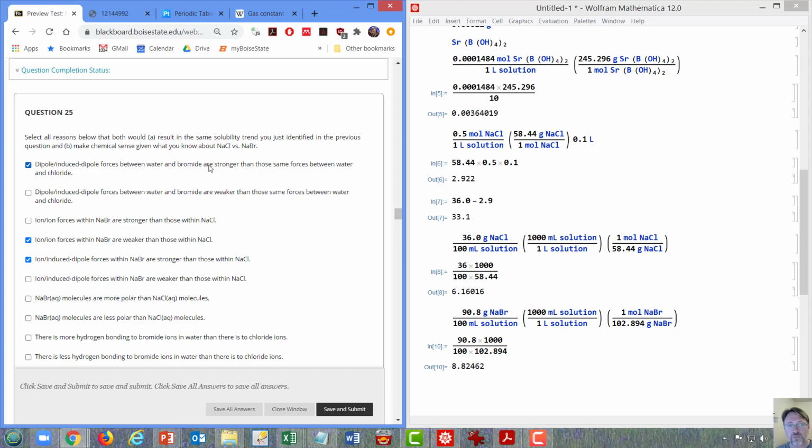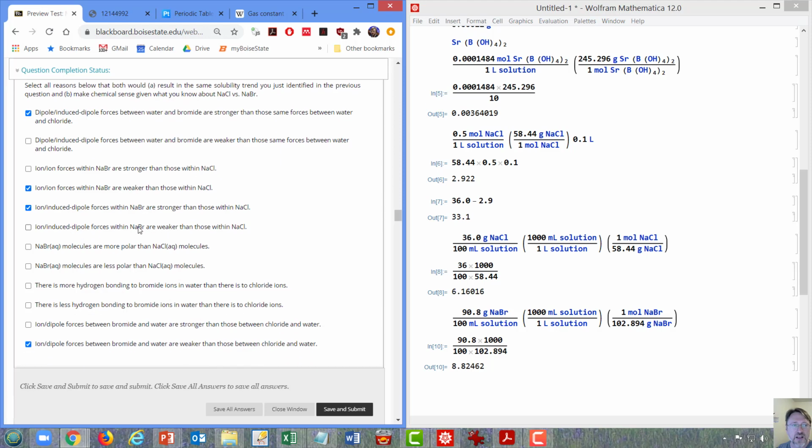And the water-bromide ones are stronger than water-chloride ones, so this goes in the same direction. Ion-ion forces within sodium bromide and sodium chloride. In this case, we want weaker forces for the sodium bromide because we are breaking these forces in order to form the solution. So this one also goes in the same direction as the trend that we were looking for.